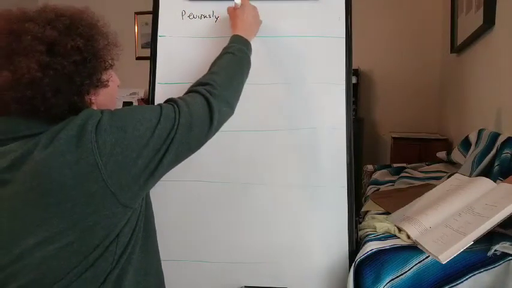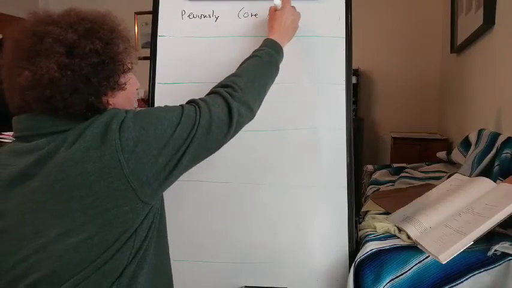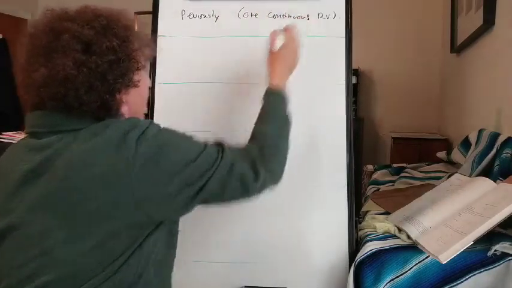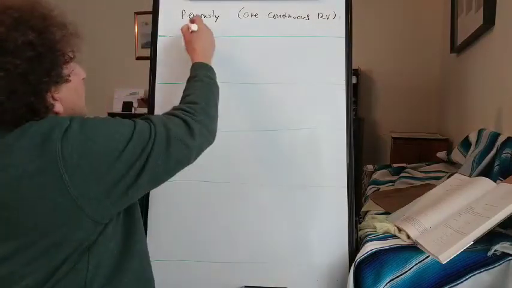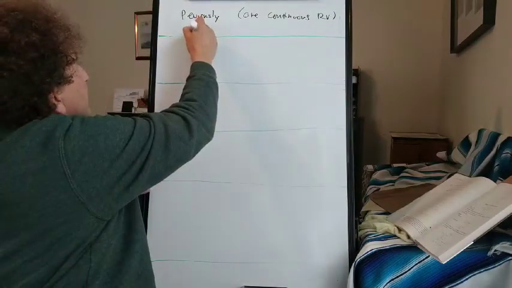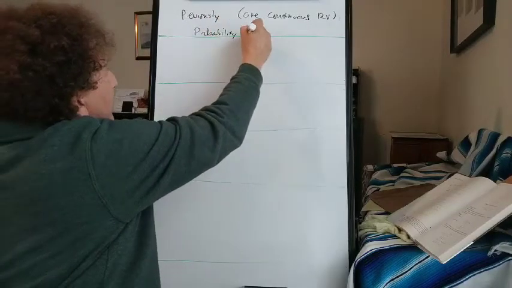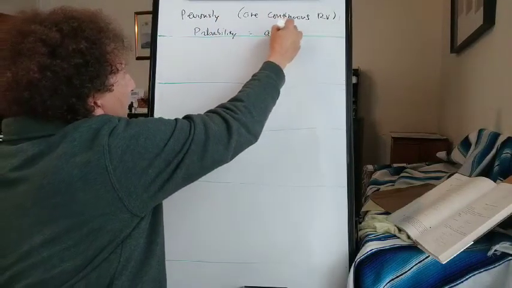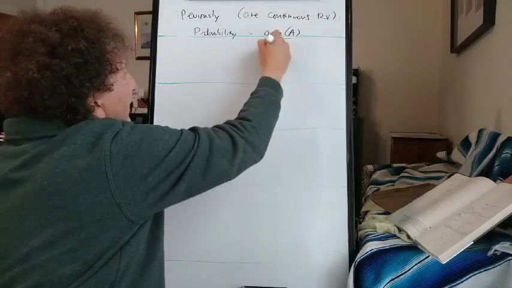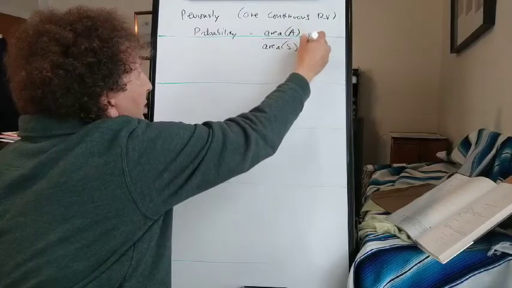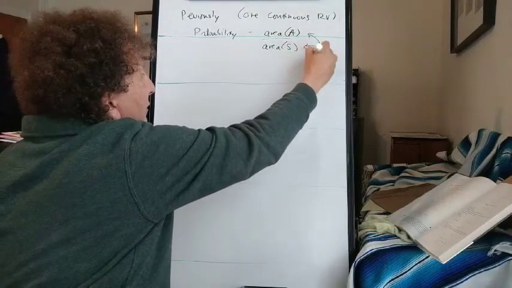So previously, when we had one continuous random variable, we used probability equal to area of some region A over area of some region S, where these are regions in the plane.